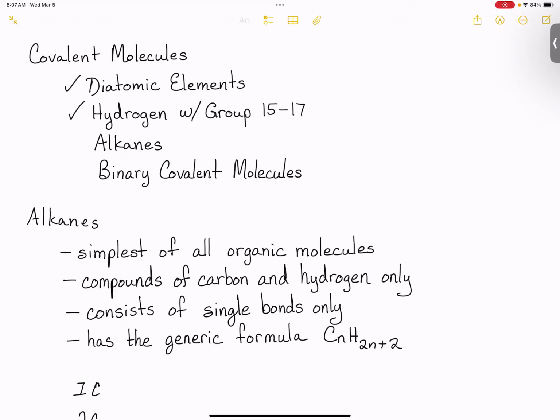The second category we talked about is hydrogen with group 15 through 17 nonmetals. The number of hydrogens that are in the molecule is going to be equivalent to the charge on the group 15 through 17 nonmetal.